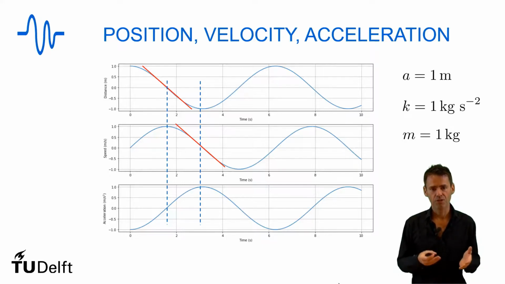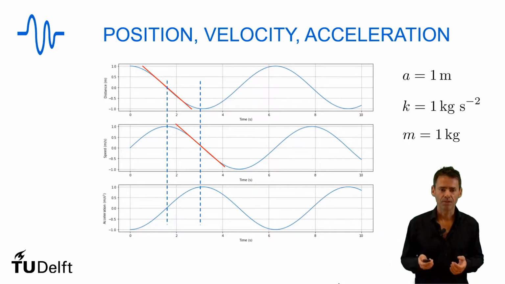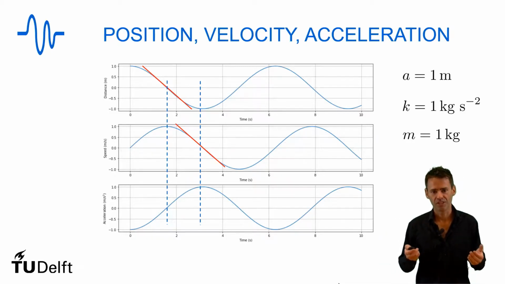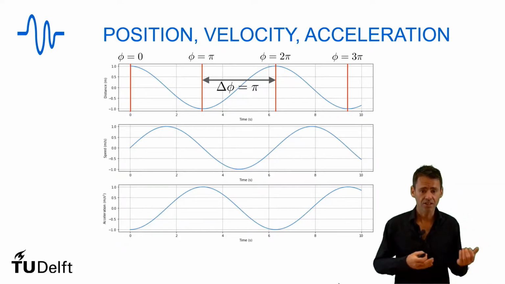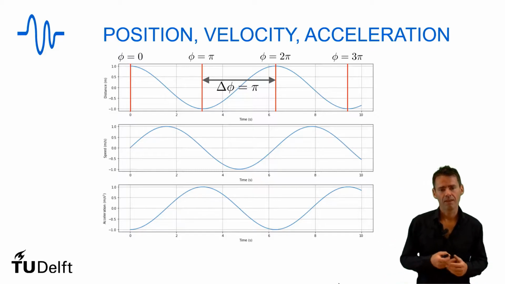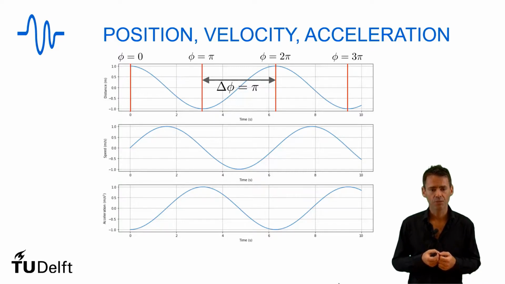Now this is the general principle of this oscillatory motion. However, usually we describe this oscillatory motion not in terms of time, but in terms of phase. And essentially phase determines the amount of oscillations that have occurred. Since the cosine and the sine both have an argument in units of radians, we express the oscillation times in terms of radians.